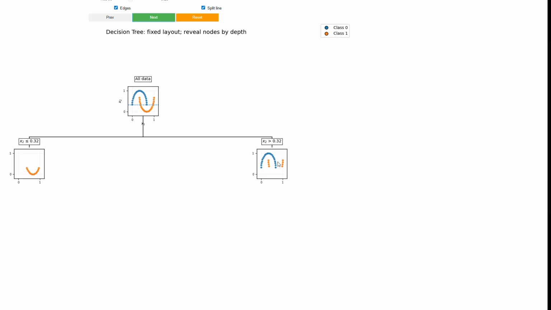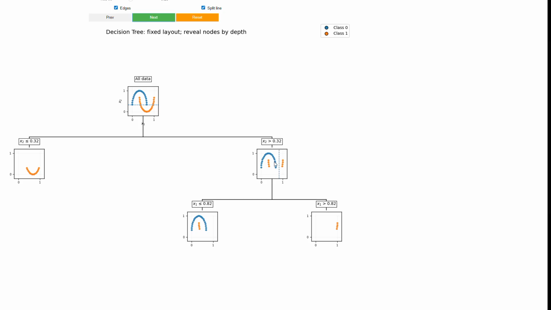So if you see this, what do you think is a good variable to use such that the resulting child nodes will be as pure as possible? So we can use this x1 and try to set the threshold here, right? So that all the orange points will fall into a new child node. So the decision is which variable to choose, and once you decide which variable to choose, what is the right threshold to use.